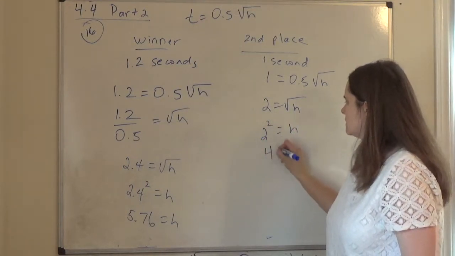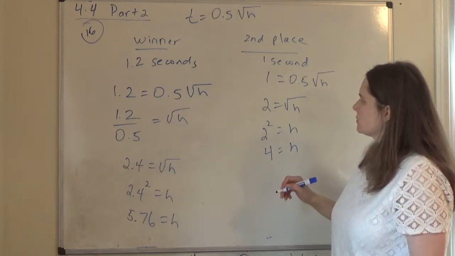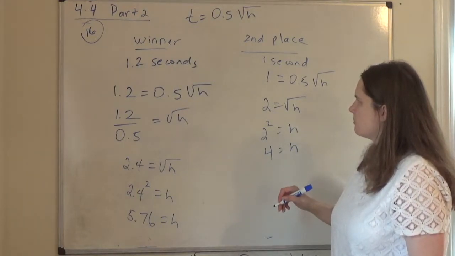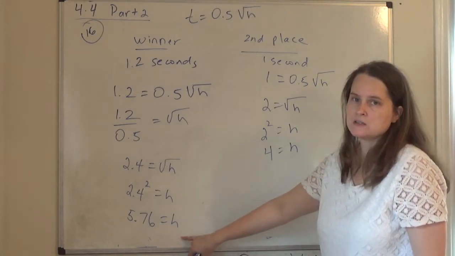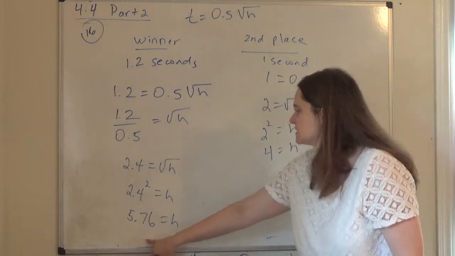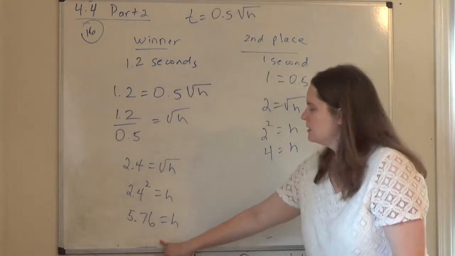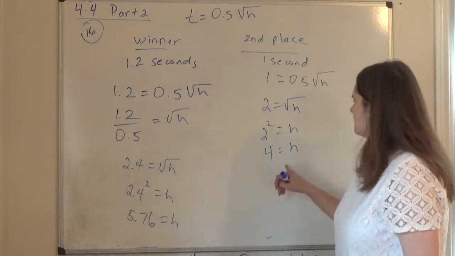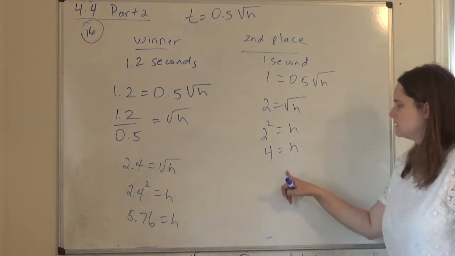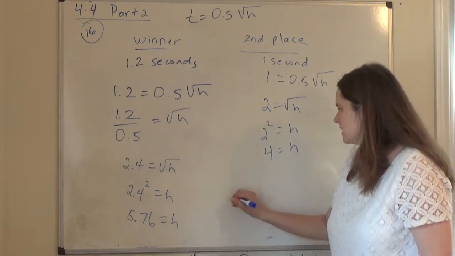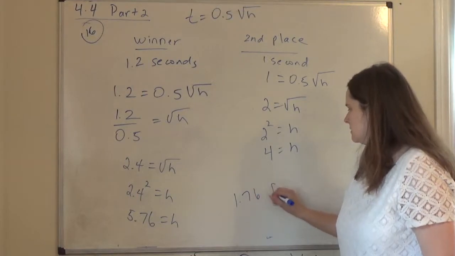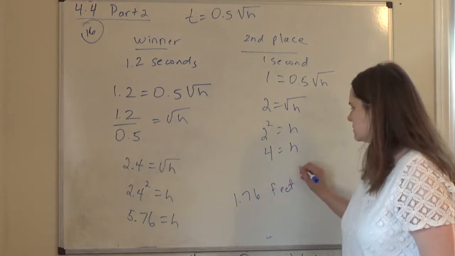So you get 4 this time. So the winner had a hang time of 1.2 seconds, and the height that the winner reached was 5.76 feet. The second place finisher reached a height of 4 feet. So the difference in the height would be 1.76 feet.